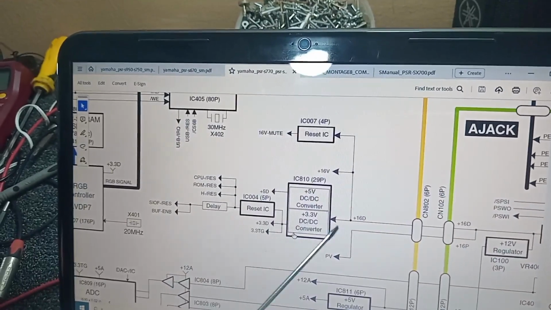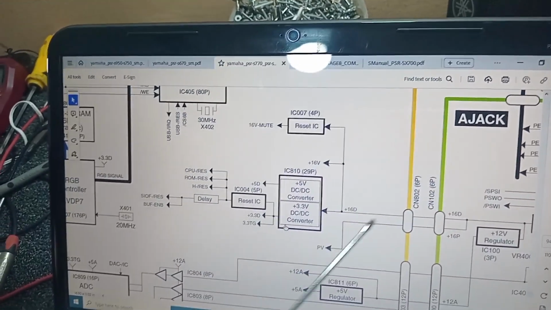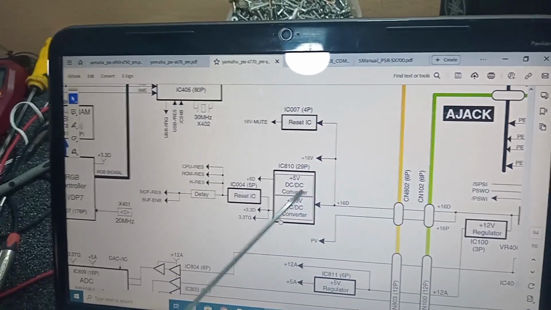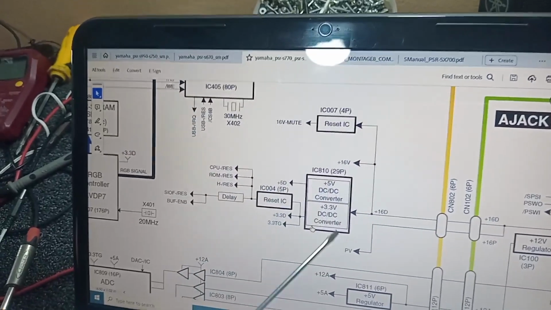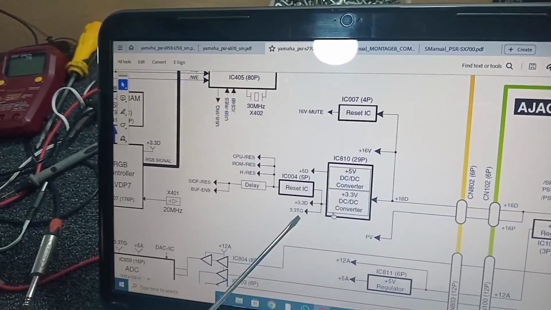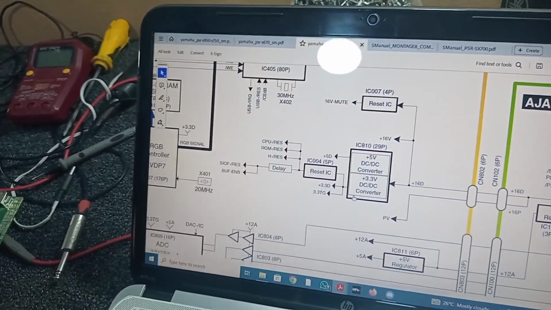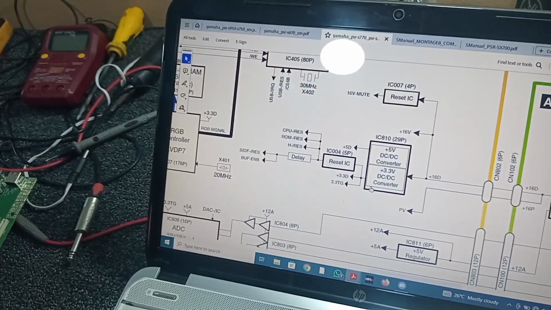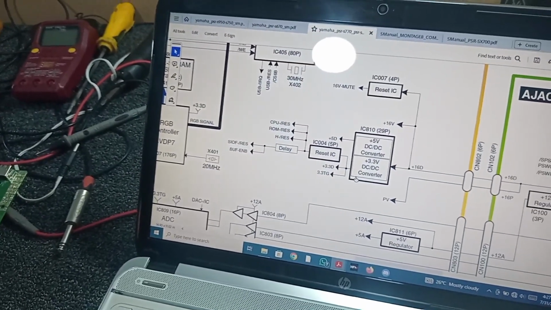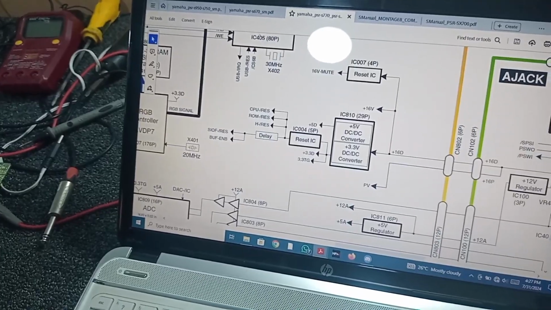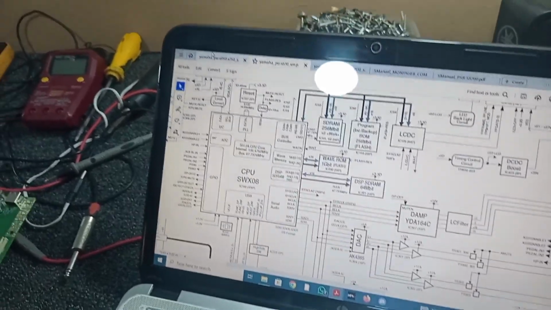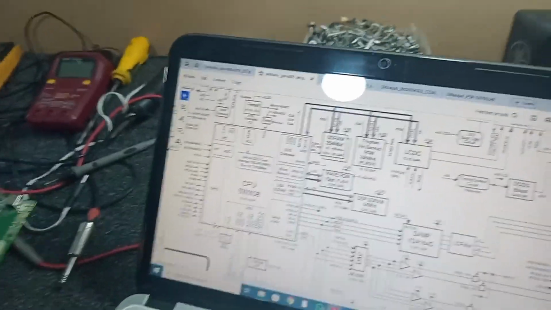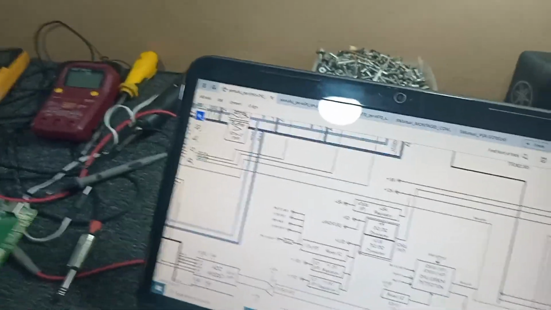This particular one is converting 16 volts that is coming from the power panel, then it will convert it to 5 volts and to 3.3 volts respectively at the same time. So just one particular component is giving us two voltages for different components on the digital motherboard. This is for S950. So this is for S750 and S950.